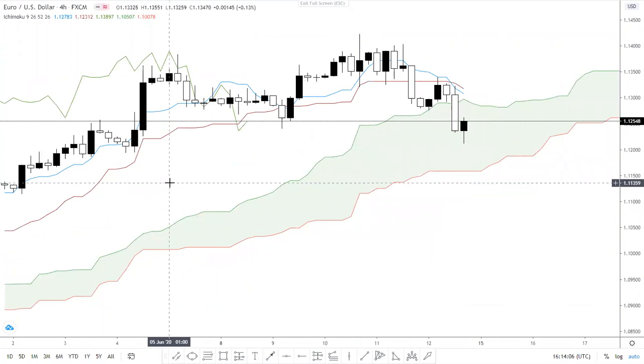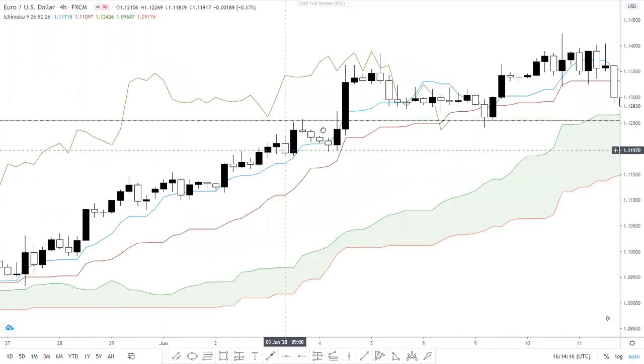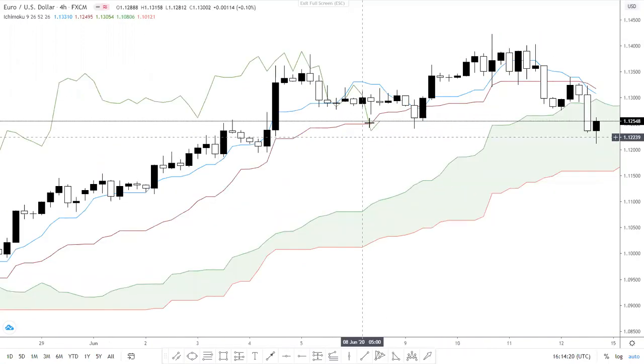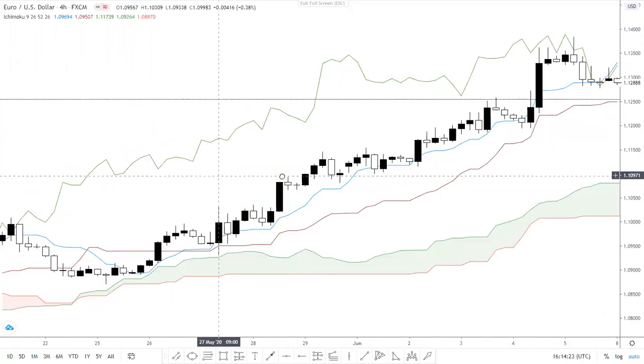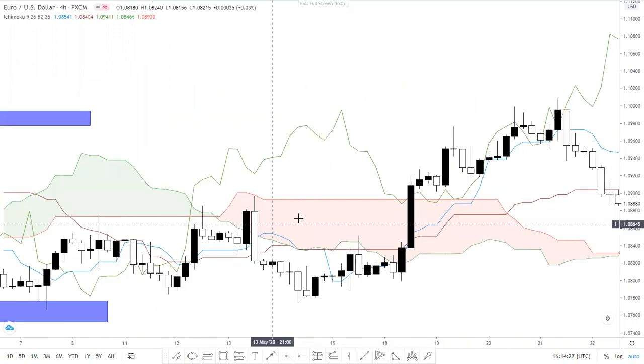The Ichimoku cloud shows you regions of bullish pressure and bearish pressure. Depending on the way you set it, you'll have regions of a blue cloud and then regions of a red cloud.